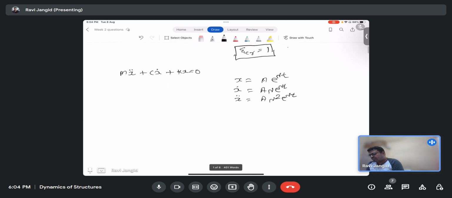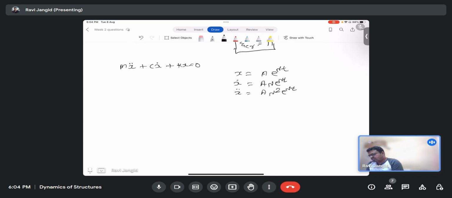Putting these into the free vibration equation, I get m a lambda square e lambda t plus c a lambda e lambda t plus k a e lambda t is equal to 0.